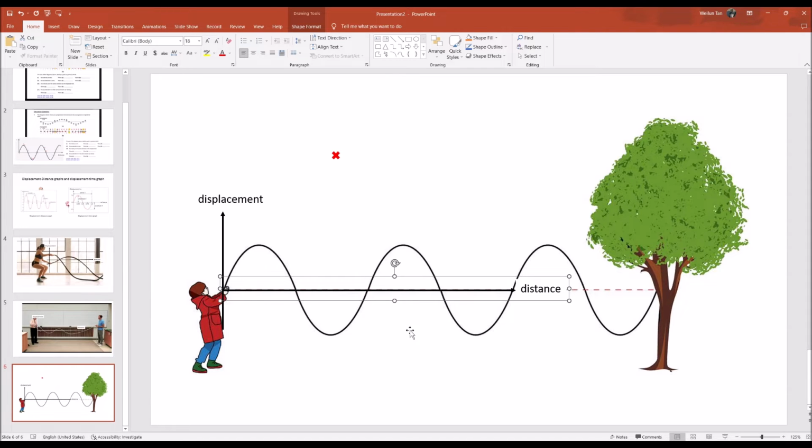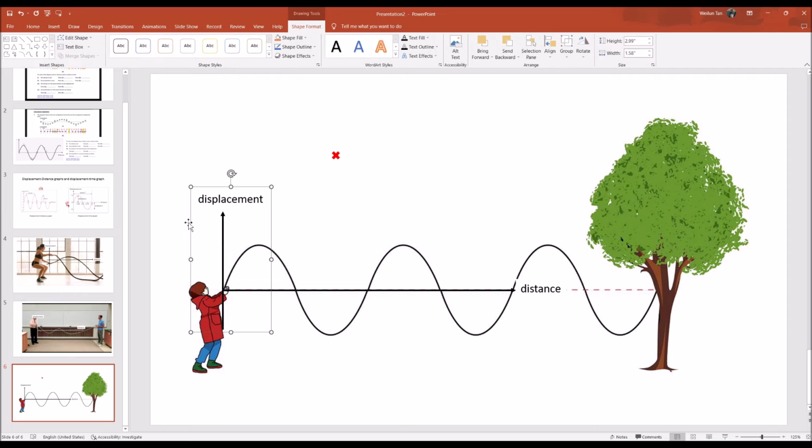Basically I'm just dragging the axis here. That means I'm just looking at how the wave looks like as an entire thing at a certain period of time. That time is fixed by me.